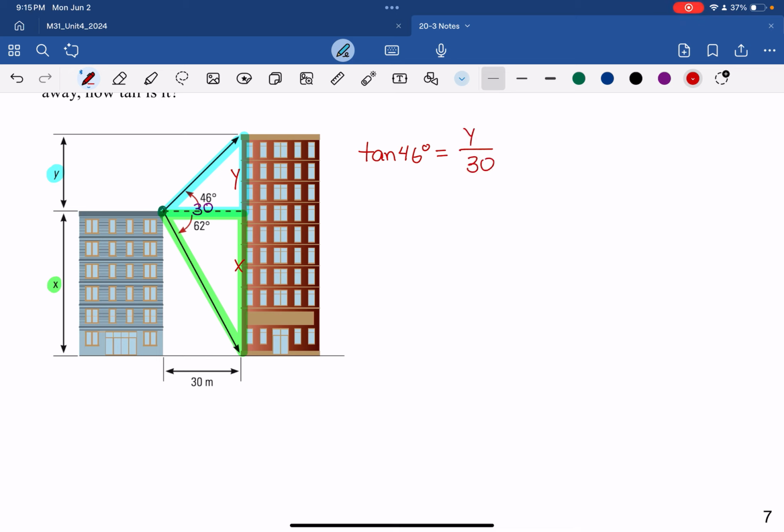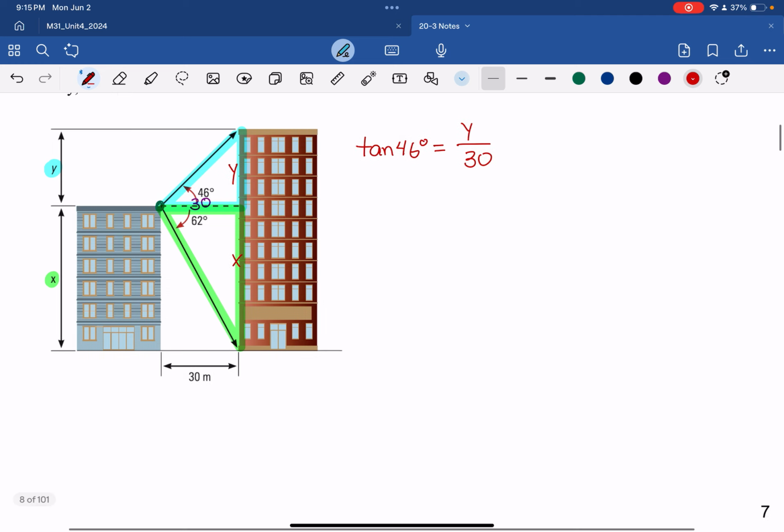And I'm just going to write down the other one as well before I solve for them. So I'm still going to use tan because I have opposite and I have adjacent with the 30. So tan of 62 degrees is equal to my opposite, which is the X, over the 30, which is my adjacent.